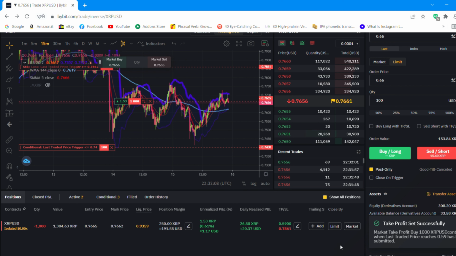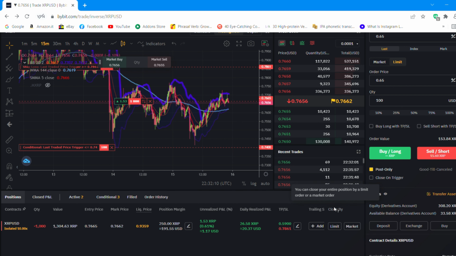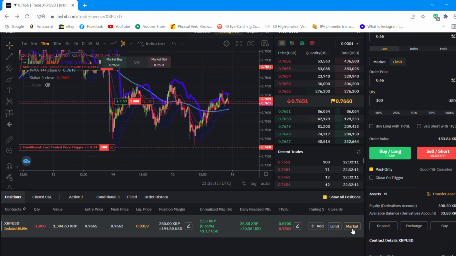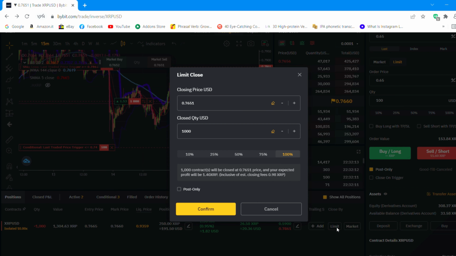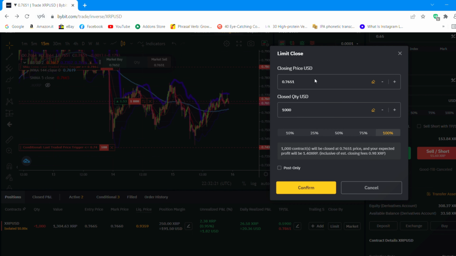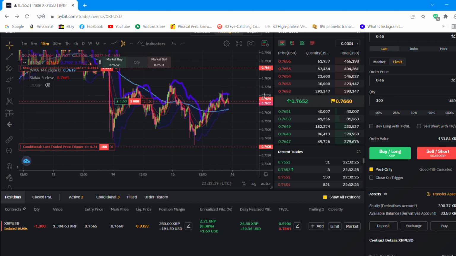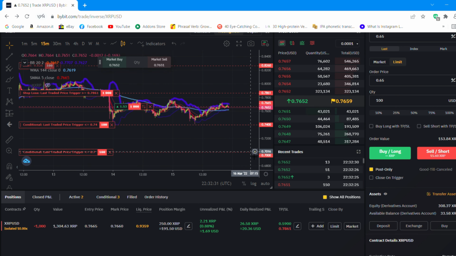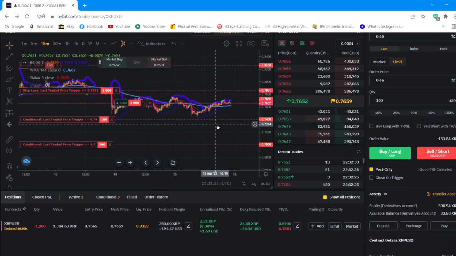However, I have this close by section, and I can choose close by limit. So let's say on the way down, I want to close. I have 1,000 in my DCA right now. With the DCAs, and again, imagine these hundreds are thousands.